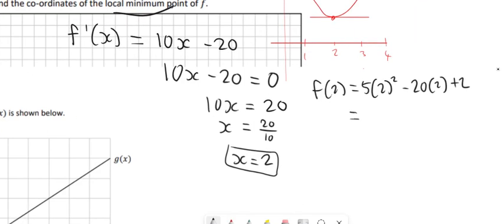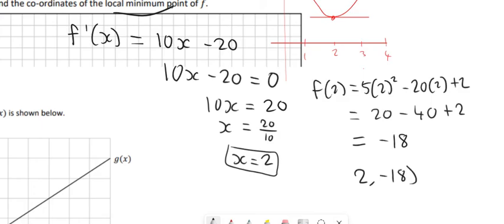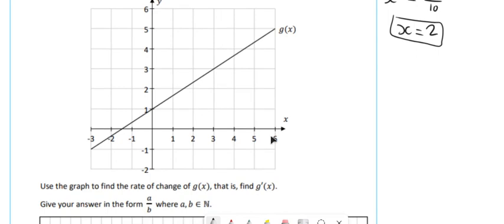Then that would be 20 minus 40 plus 2, that would be minus 38, I think. Sorry, minus 18. Therefore, our point is 2, minus 18. And that's all we do there. Right, next part.